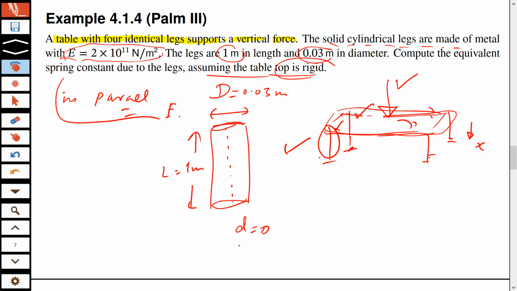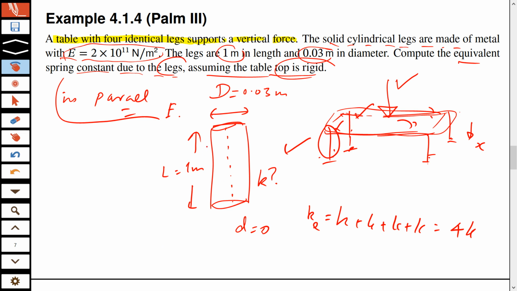And now we can compute the equivalent spring constant due to the legs. So all we need to know is the spring constant of each spring, k, and n, because they are all in parallel, so it will be k plus k plus k plus k, which is 4k. So I know that the equivalent will be 4k, but the question is, what is k?